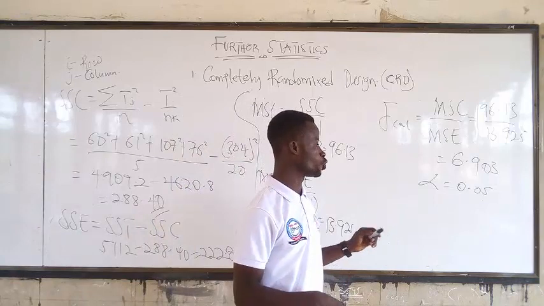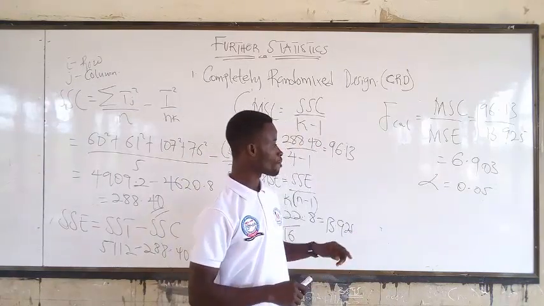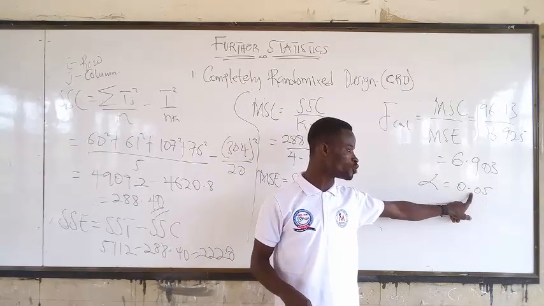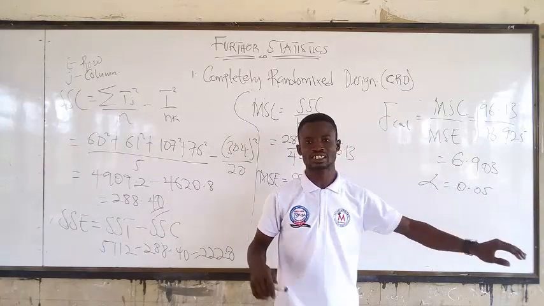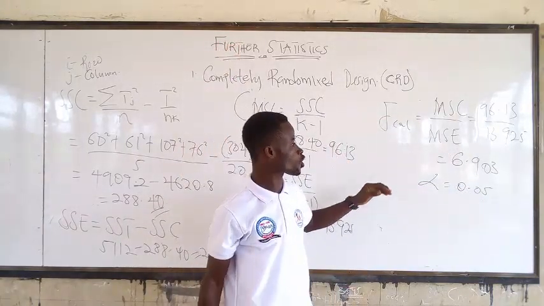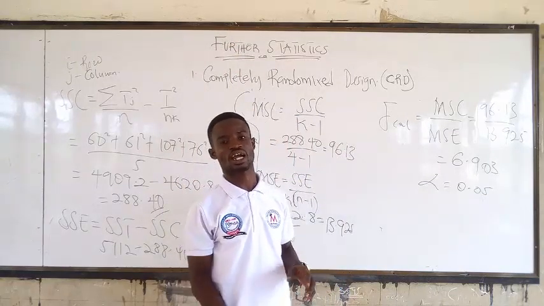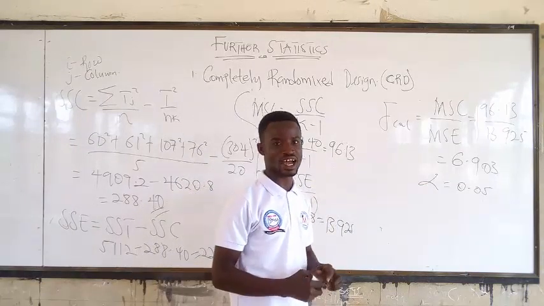So this is what you do. You open to that page, think 49 or so, or 50. Then you check where you get 0.05. Then you compare it to the degrees of freedom. So this is how it's going to be.